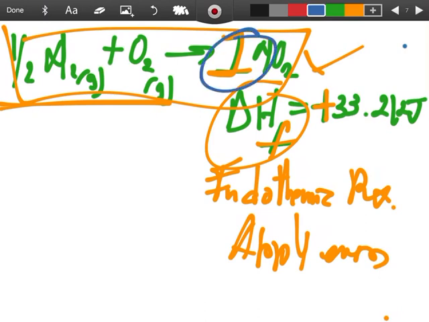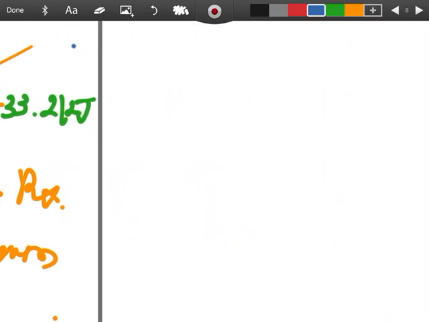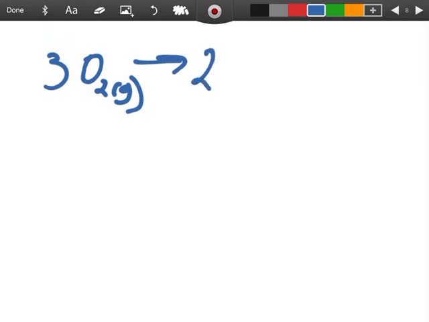here. But sometimes you will find examples in which that is not the case. A very simple case. So I'm going to have 3 moles of oxygen, that is a gas, and it's going to be transformed into 2 moles of another gas, which is ozone. Okay?